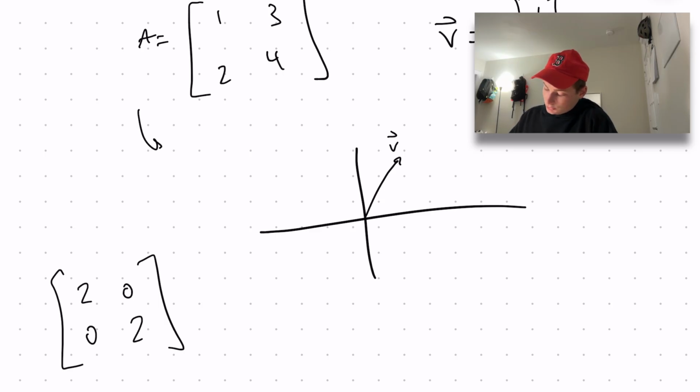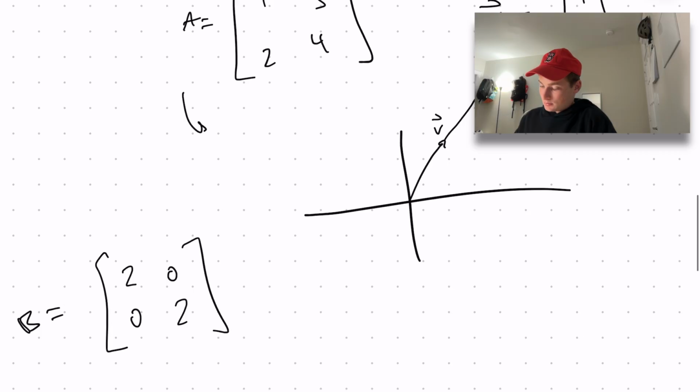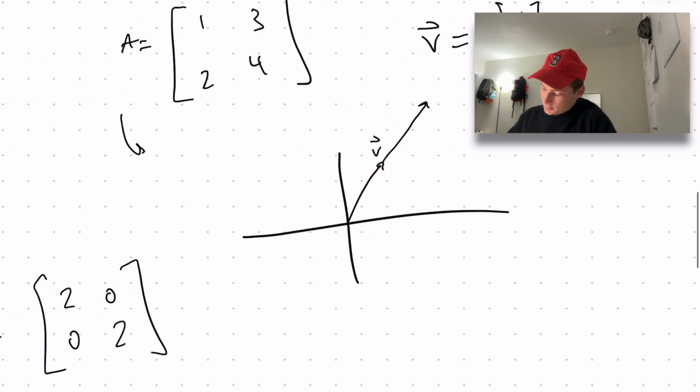This matrix will scale a vector like this. Okay, so if this is B, so now this is new v.